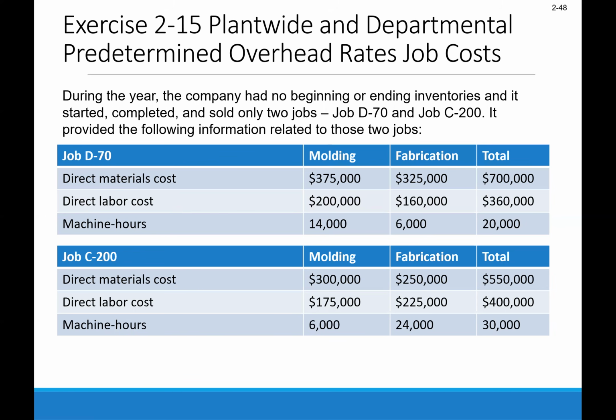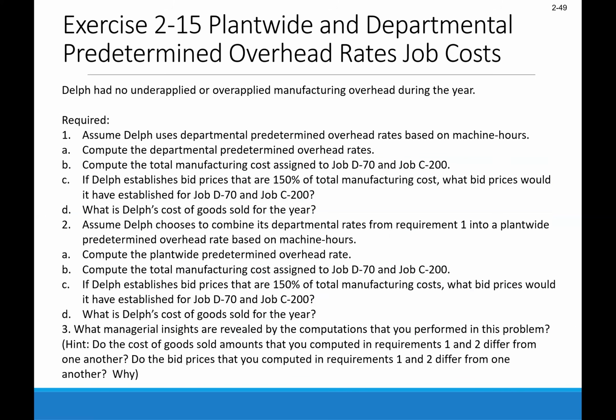It gives us our direct materials, our direct labor, and our actual machine hours for each job. Dell had no underapplied or overapplied manufacturing overhead. Assume Dell uses departmental predetermined overhead rates based on machine hours.